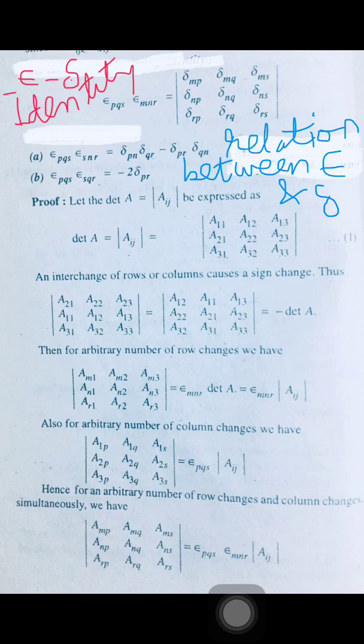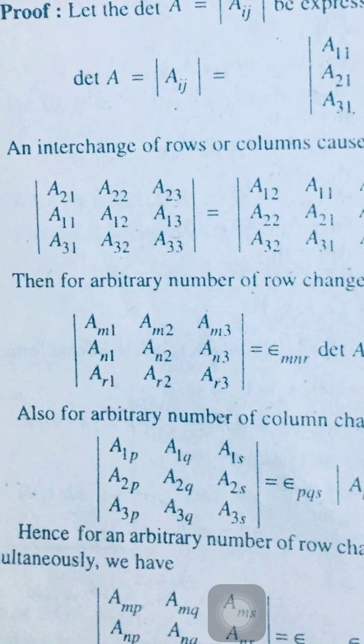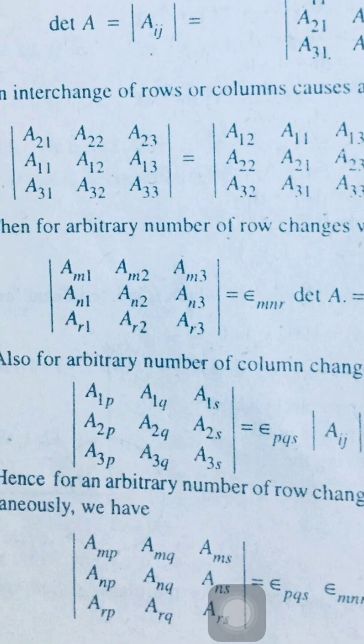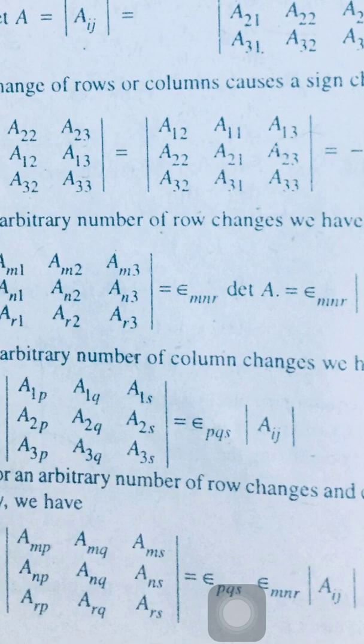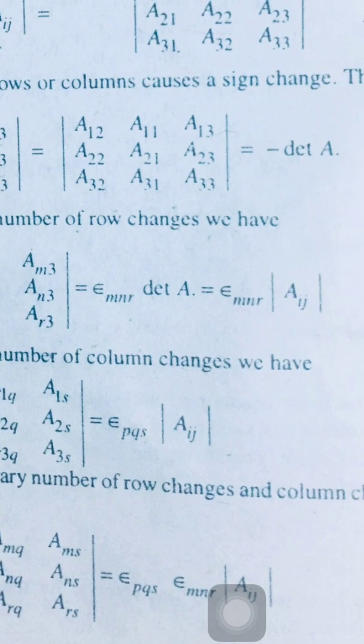Okay, but what we are doing here, we are taking an arbitrary number of row changes in the first part, means M and R. First row, second row, third row changing M and R times. So it is nothing but a minus sign, it can be either an even permutation or an odd permutation.